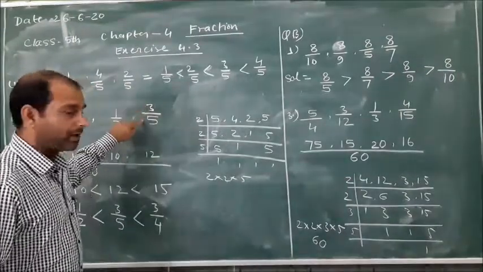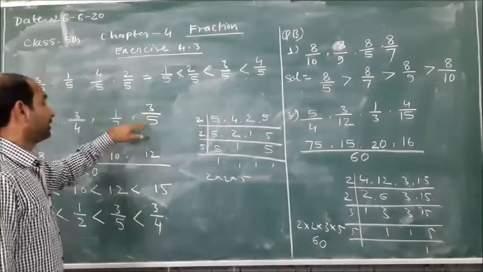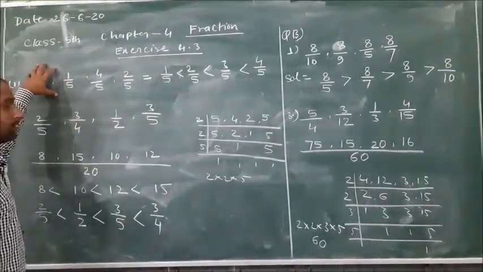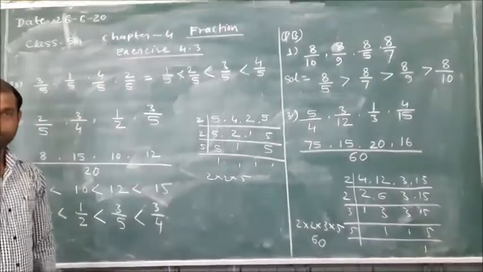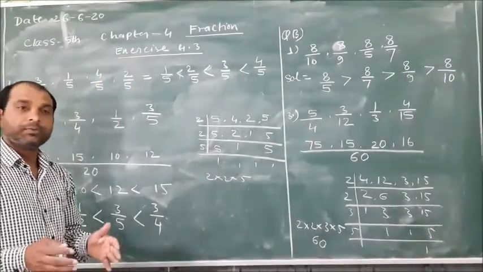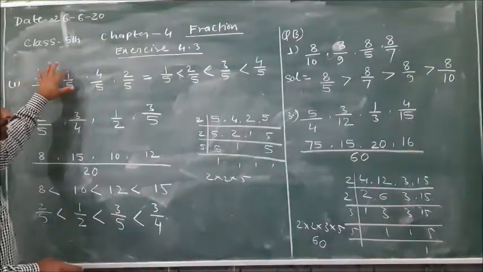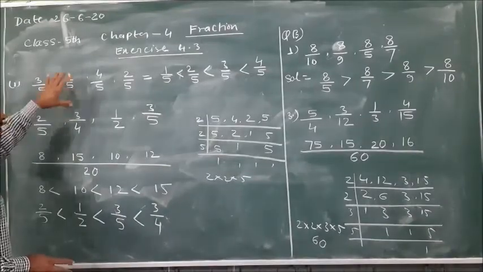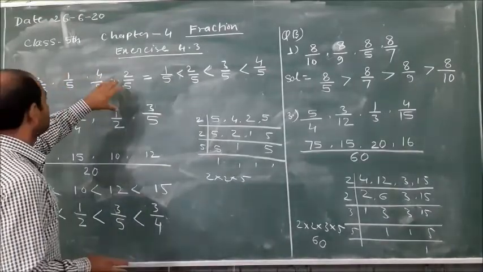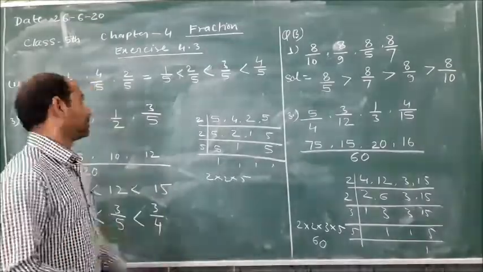In 3 upon 5, 3 is numerator, 5 is denominator. If the denominators are same, then the fraction whose numerator is smaller is smaller, and the fraction whose numerator is greater is greater.